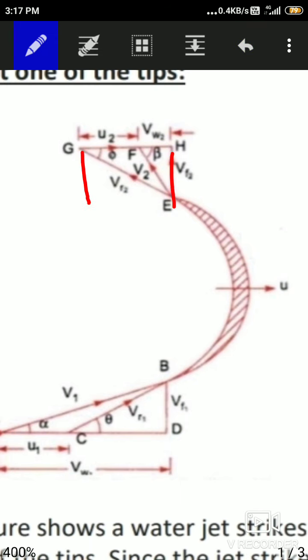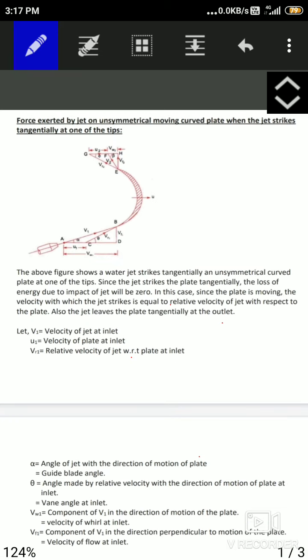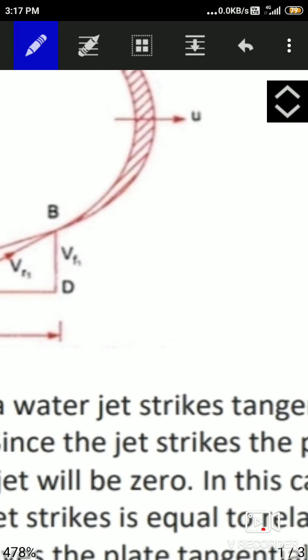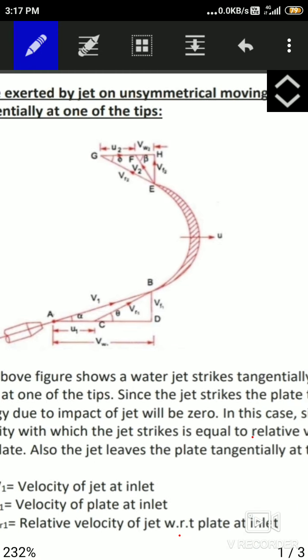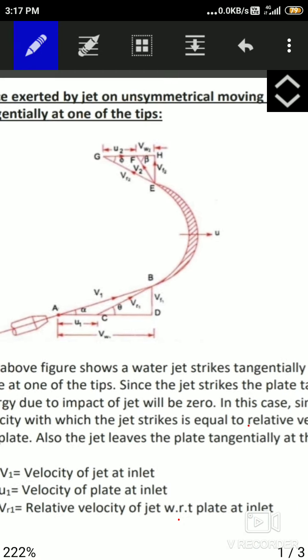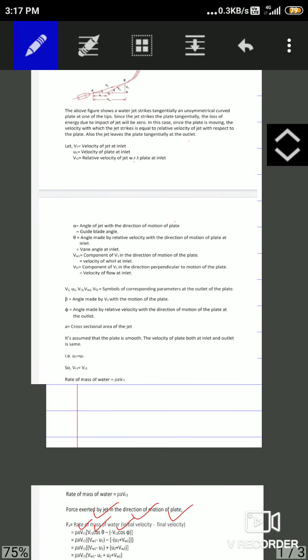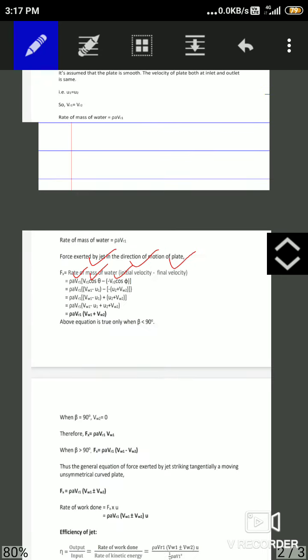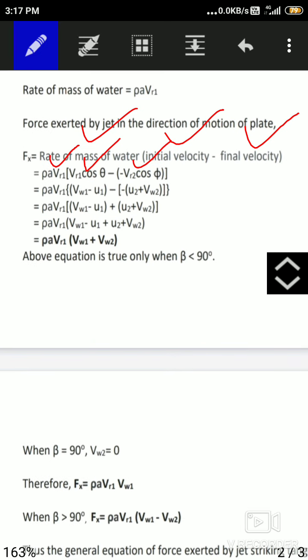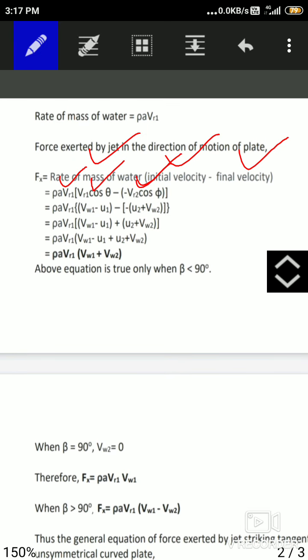And the direction will be opposite. That's why its sign will be minus.